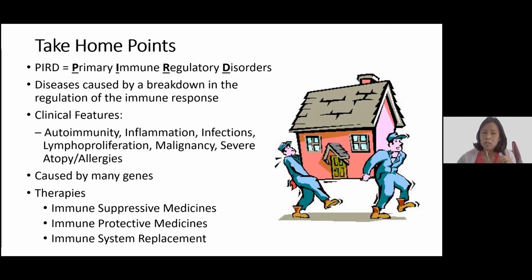But these patients can also be at increased risk for different types of infections. And so sometimes we put them on immune protective medicines. And lastly, some patients really require a replacement of their immune system to fix their immune system problem, whether it's through a bone marrow transplant or hematopoietic stem cell transplant.